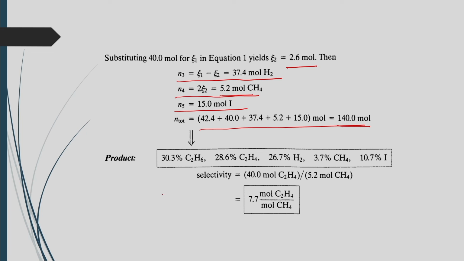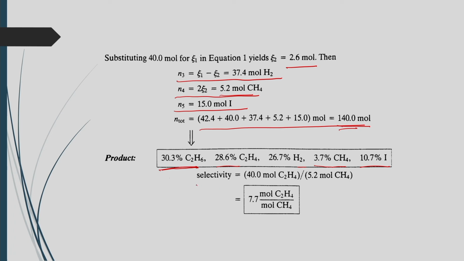After that, you can easily calculate the fraction of all those components. It will be simply the individual amount of that component divided by total mole, and then you will get the fraction of the individual components. It will come as 30.3% for ethane, 28.6% for ethylene, 26.7% for hydrogen, 3.7% for methane, and the remaining 10.7% for inert in the outlet stream.